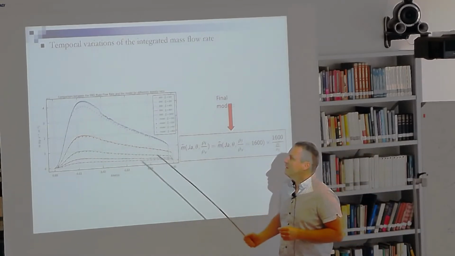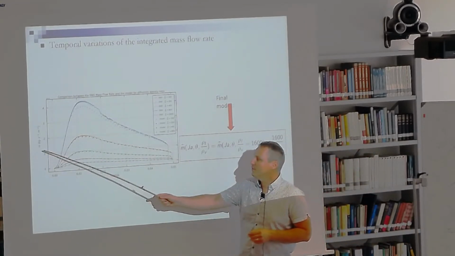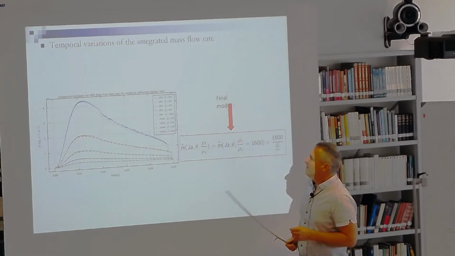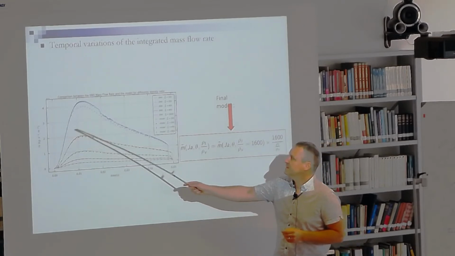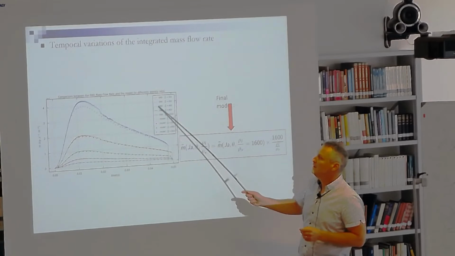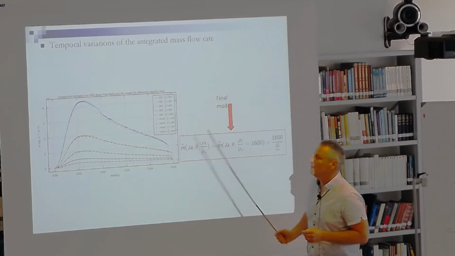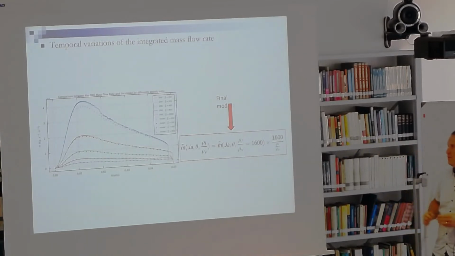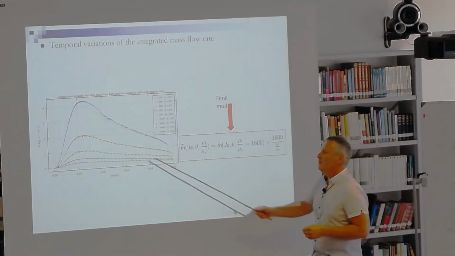This is a comparison on the temporal evolution of the mass flow rate obtained from well-resolved DNS and with the integrated model. Well-resolved DNS in a continuous line and dashed line for integrated models. So this gives a rather good agreement.